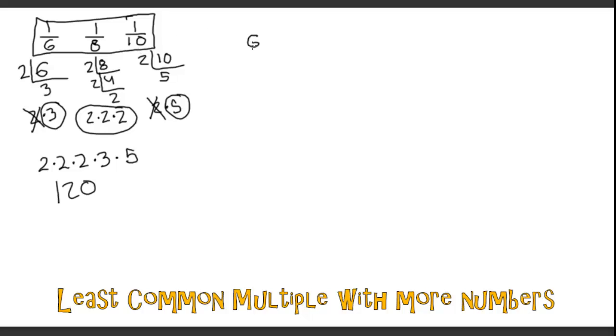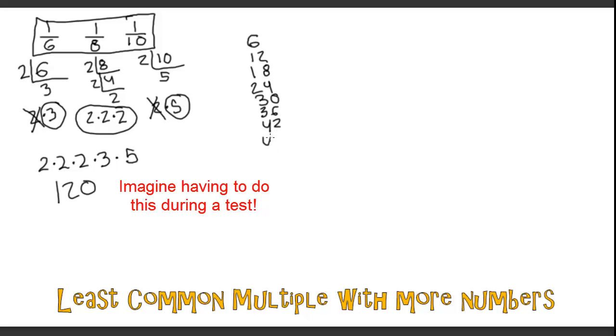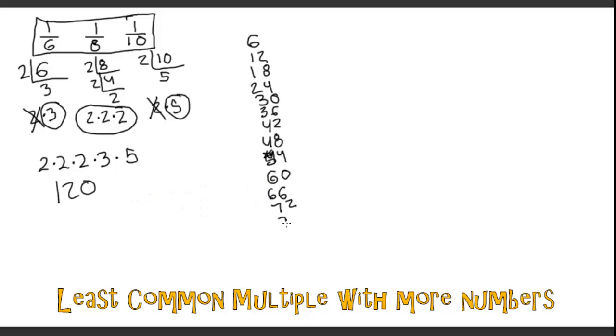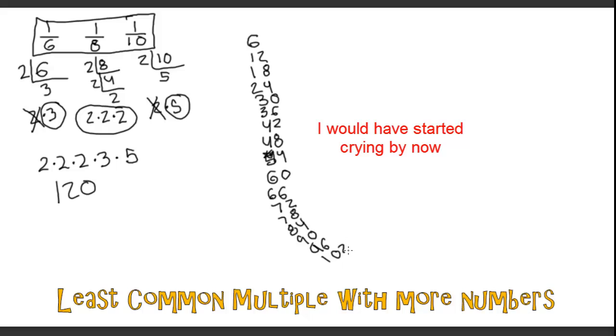So we're going to start with the denominator 6, and we're going to do our multiples: 6, 12, 18, 24, 30, 36, 42, 48, 54, 60, 66, 72, 78, 84, 90, 96, 102, 108, 114, and finally we get to 120.